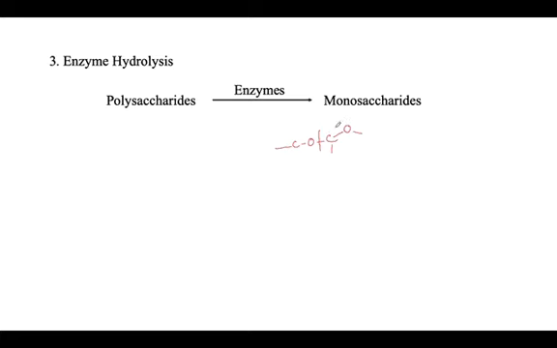So if we use some other hydrolysis agent, there may be a possibility of ring opening. But if we are using enzymes, they have a specific character and they carry out specific reactions. So when we use an enzyme, it never acts on this ring.